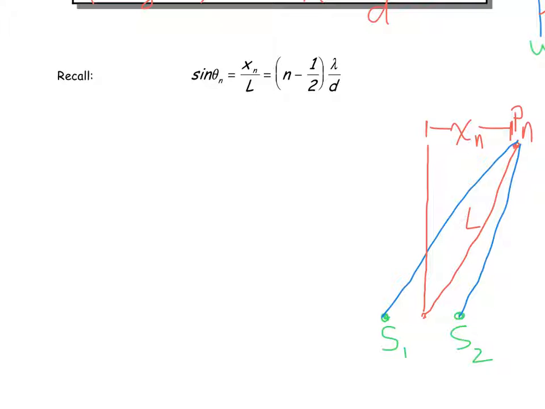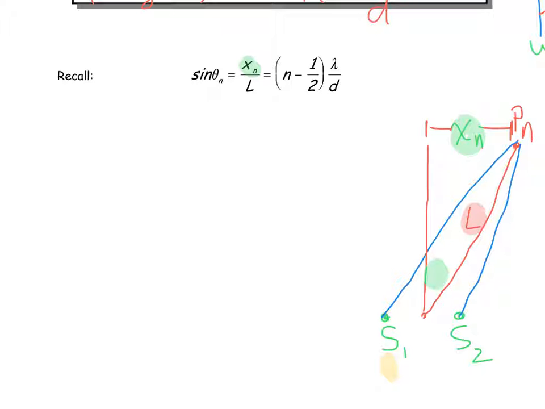So in my formula, theta ends up being this guy right in here. Here's my theta. Okay, xn is the horizontal distance from my perpendicular bisector, and L is that distance from the midpoint of the 2 point sources to the point on my nodal line. And what is D? Oh, that's the only part I haven't talked about.